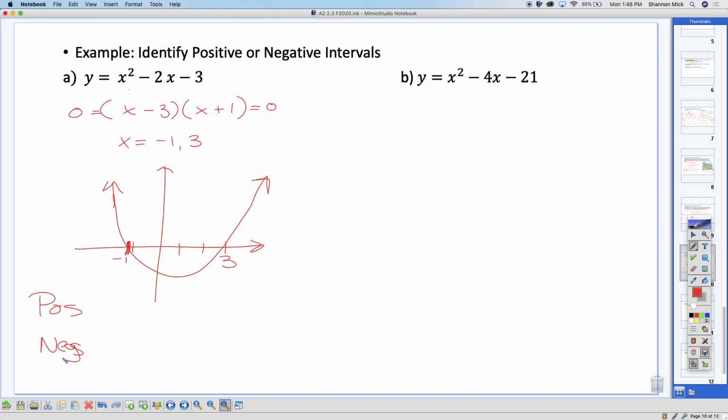So is this graph going to be above the x-axis first or below? Above. So negative infinity to negative 1 is positive. Then negative 1 to 3 is negative. And positive from 3 to positive infinity.